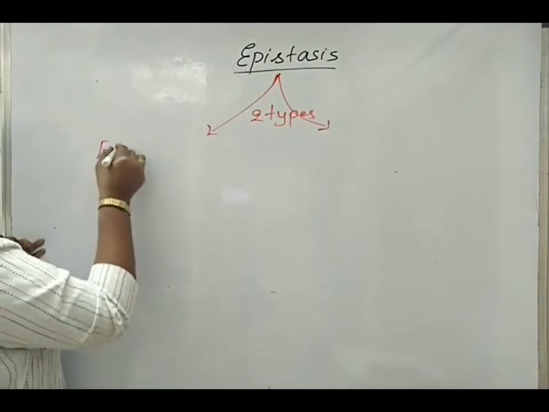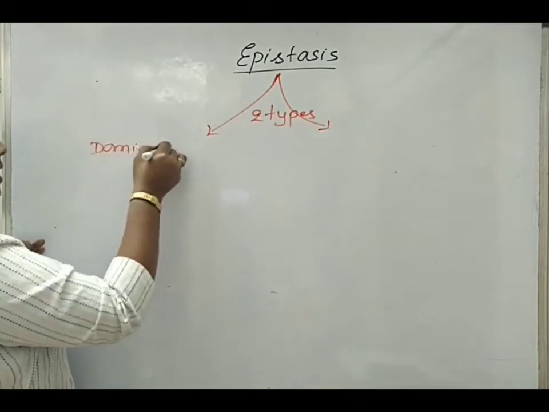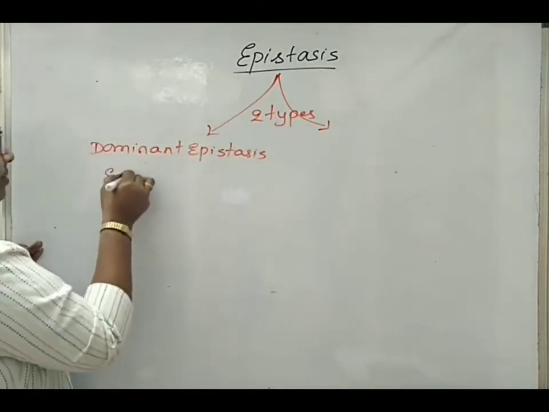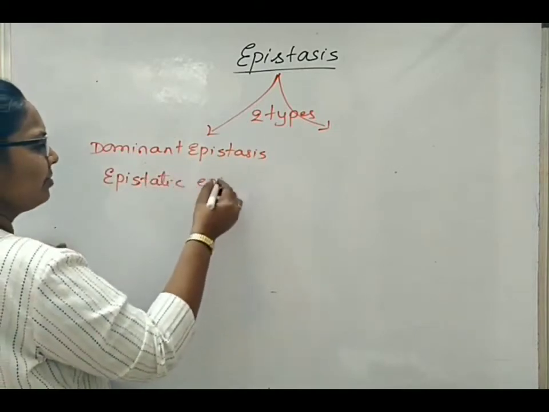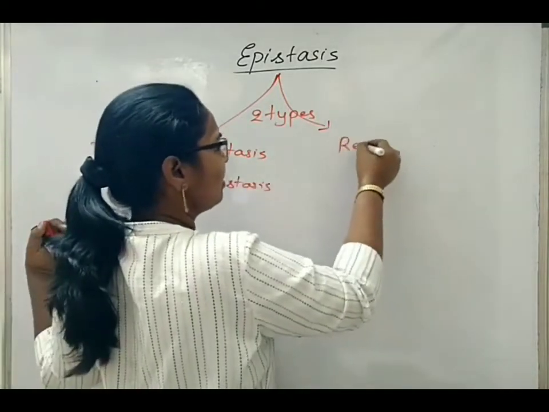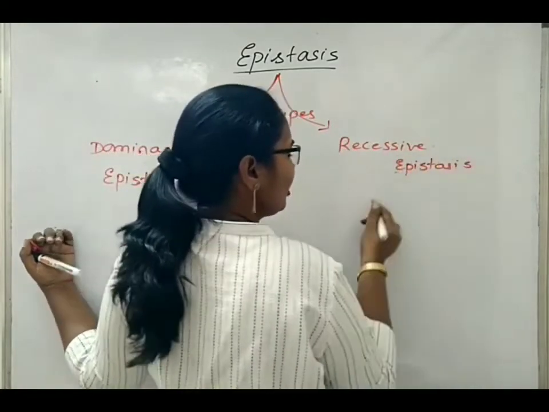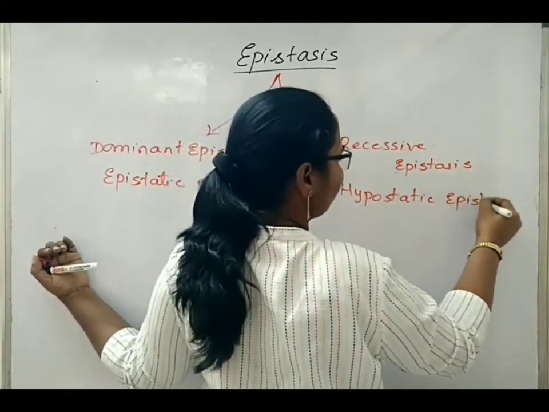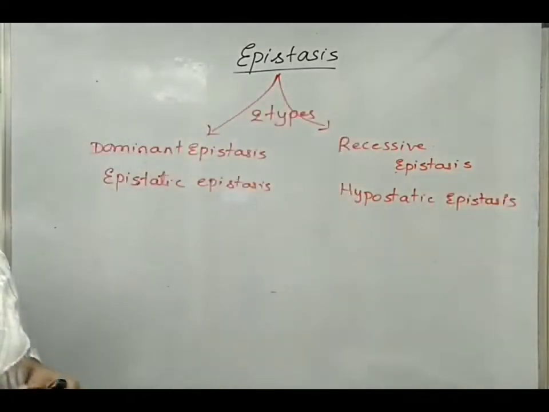One is dominant epistasis, which is also called another name. The other is recessive epistasis, which is also called hypostatic epistasis.